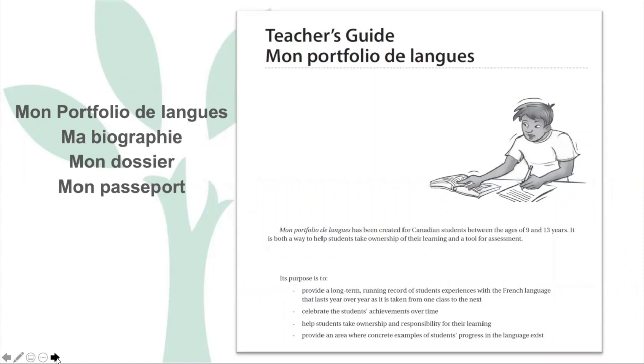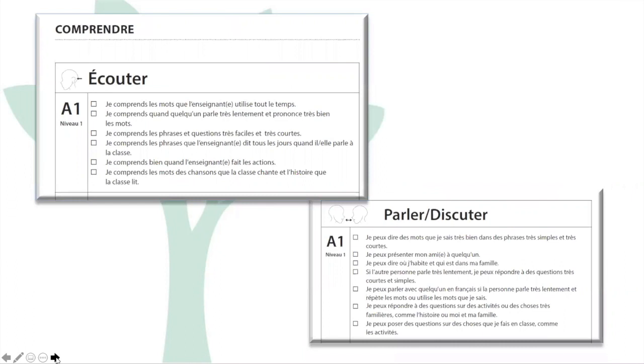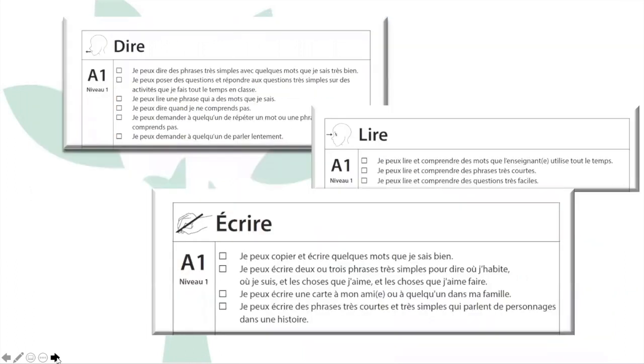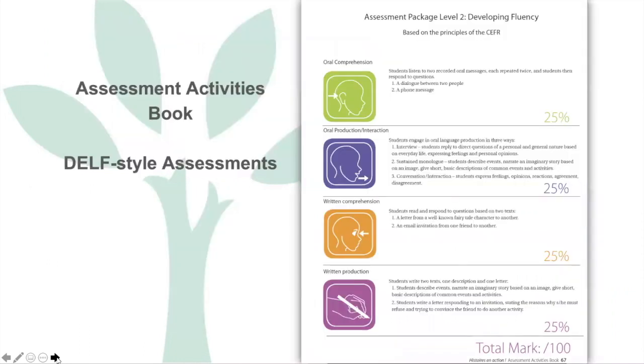The Portfolio de Langue, which is included in its entirety in the Step 1 New Edition kit, will follow the students throughout their career with their French language acquisition. It includes Ma biographie, mon dossier, mon passeport for teachers to use as they wish. It includes the descriptors that are based very closely on the CEFR proficiency levels.